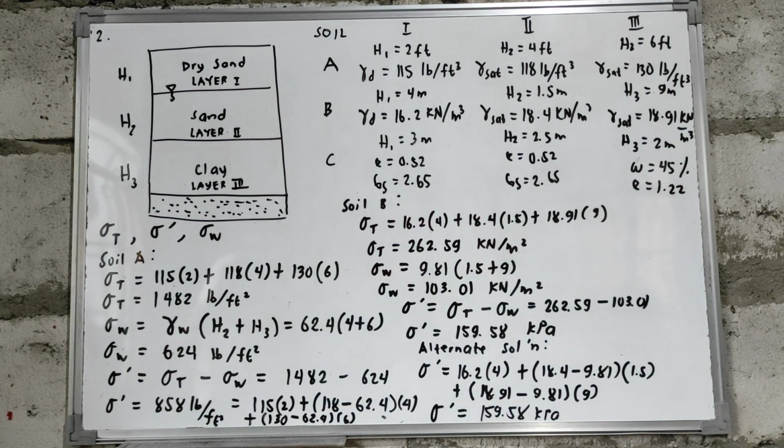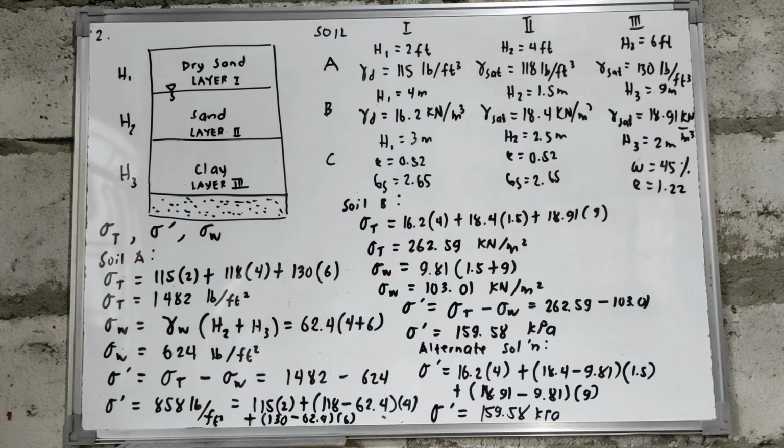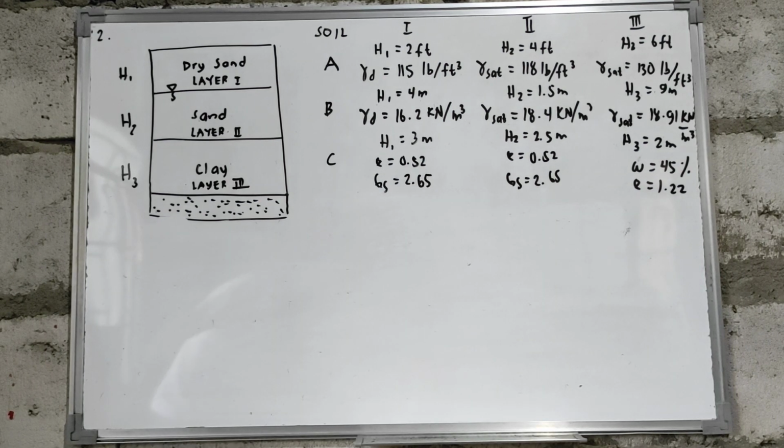So, for soil C, ayan, given yung void ratio, pati yung specific gravity, so kukunin muna natin yung value ng mga unit weight natin. So, let us proceed in the computation ng mga unit weights natin for soil C, for first layer, second layer, at saka yung last layer natin or yung third layer.